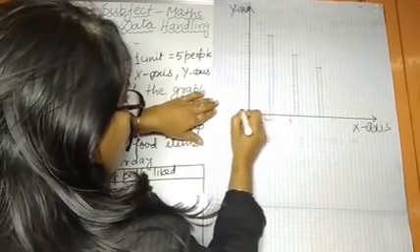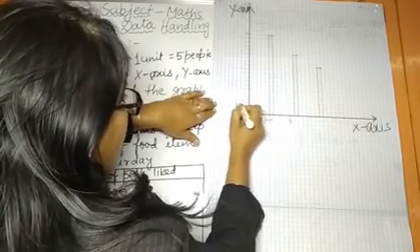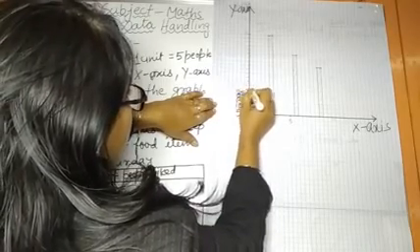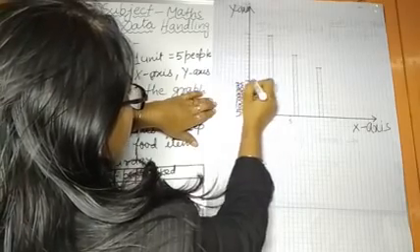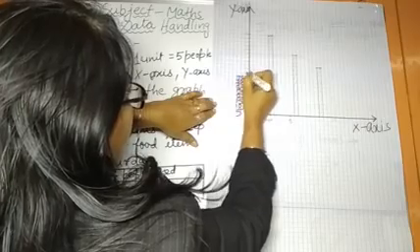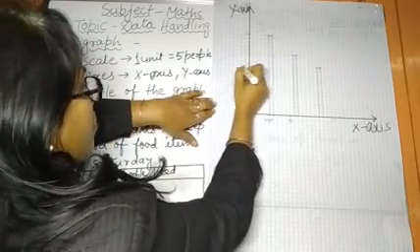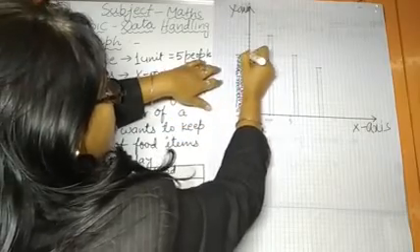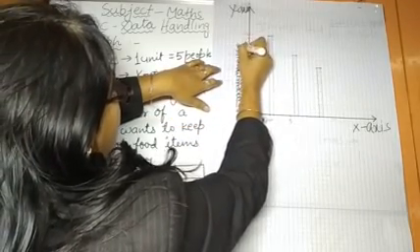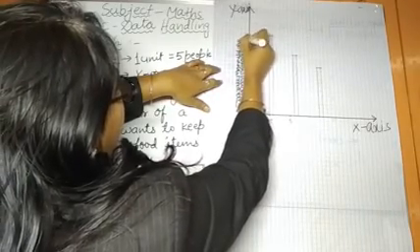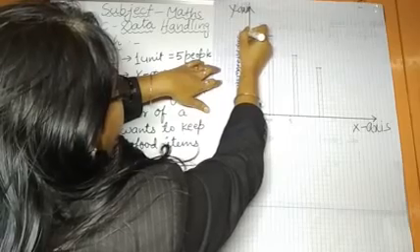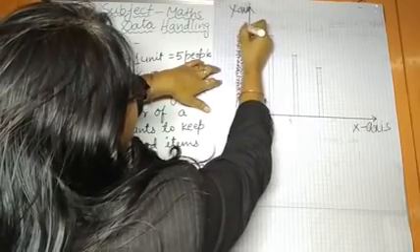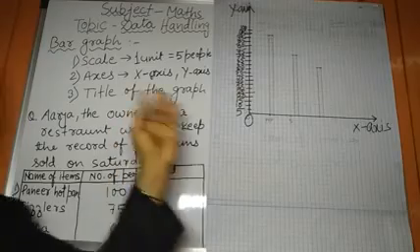We will write here 5, second 10, 15, 20, 25, 30, 35, 40, 45, 50, 55, 60, 65, 70, 75, 80, 85, 90, 95, and this one 100. Fine. So I have drawn this scale.